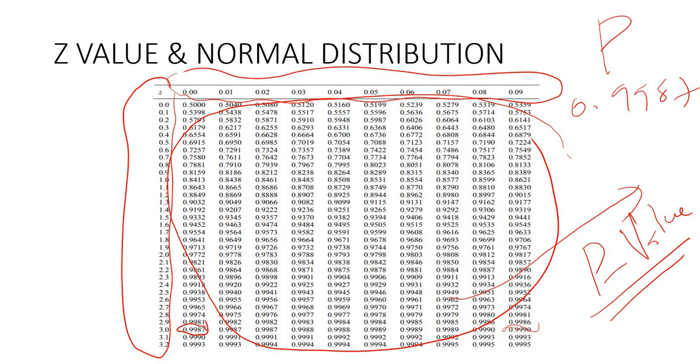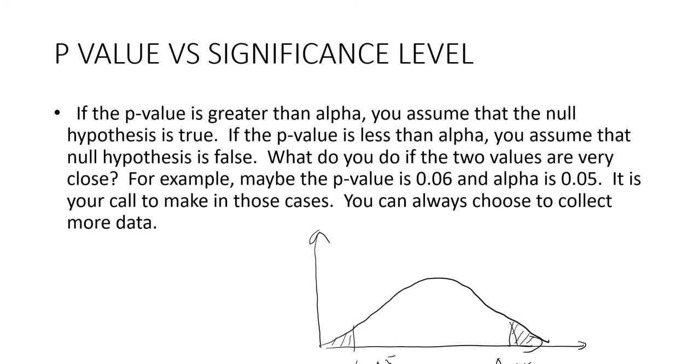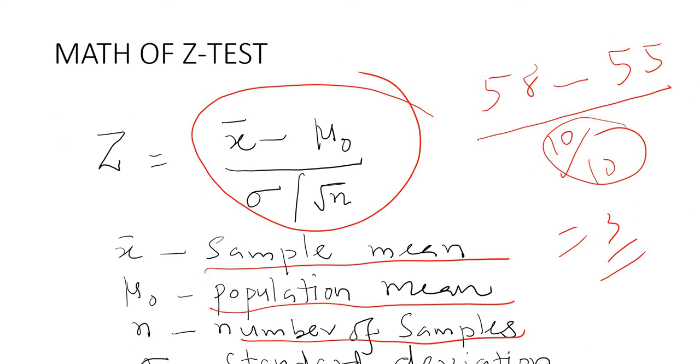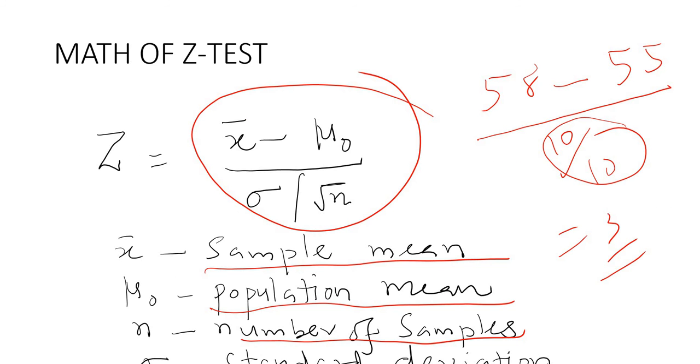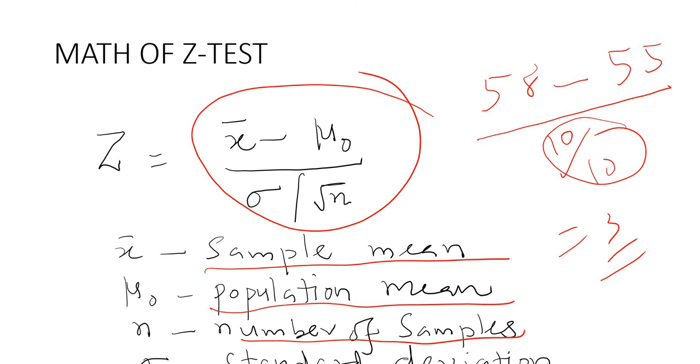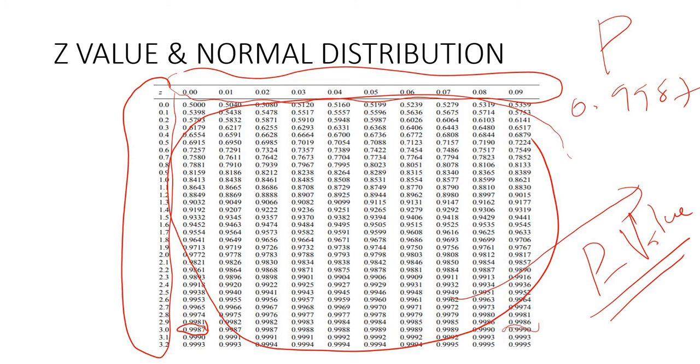See, you need to understand. Now I am giving some more clarity about the p value and the significance level. We have the significance level, we already discussed it. We are taking it as 0.05. Now we have the p value and the significance level. What is our p value from the table? It is 0.9987, with a significance level of 0.05.